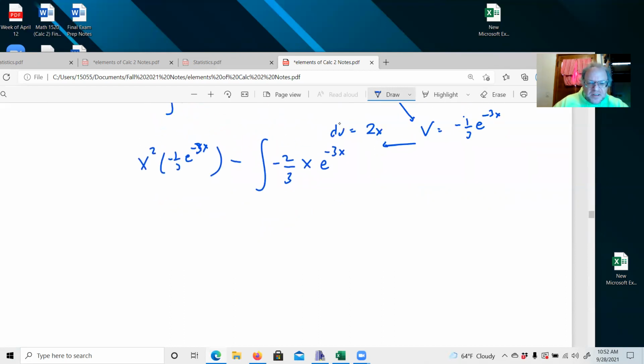It's a consistent problem. Okay, so -1/3 x squared e to the -3x. That's better. Don't be a star yet, but we're getting there. Okay, so that's our 2/3. We factor that out. We have x e to the -3x.